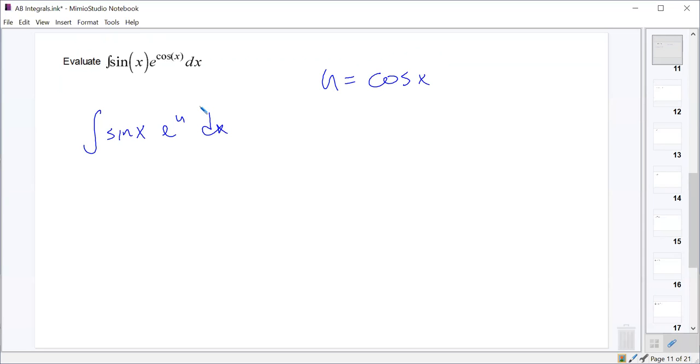Could you rearrange the u substitution equation? We're not quite going to rearrange it, but we're going to think about how we could get a du or a dx out of this. What's something we know how to do with an equation to get a du or a dx? Take its derivative, exactly.